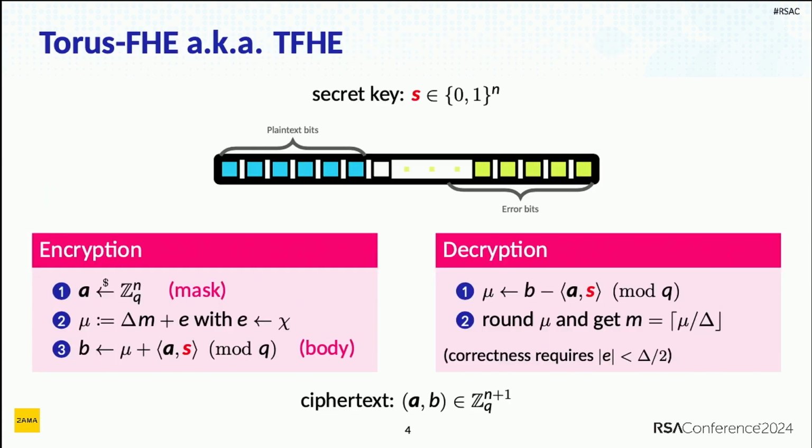If you look at the scheme, you see that if you take the mask A equal to 0, the inner product of 0 and S is equal to 0. And you can also take 0 for the noise.